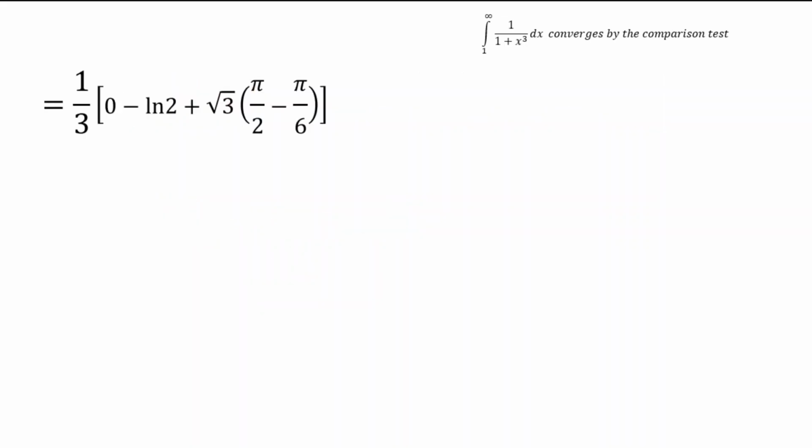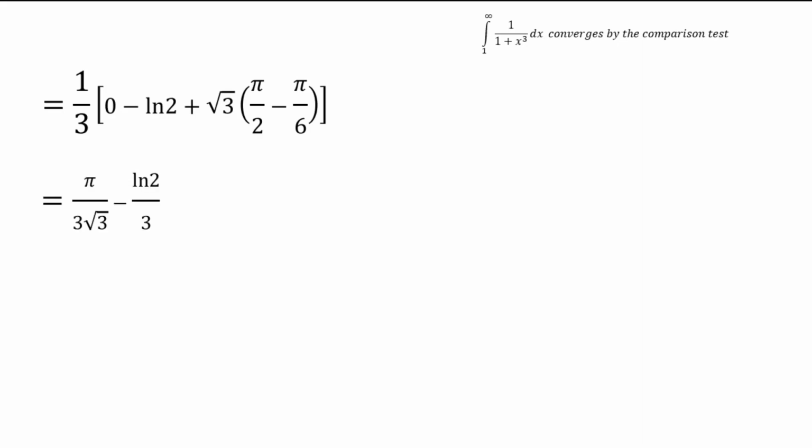So now when I compute my limit, I'm going to get 1/3 of 0 minus the natural log of 2 plus the square root of 3 times pi over 2 minus pi over 6. The limit as t approaches infinity of arctan of t is going to be pi over 2. So arctan is an increasing function, but it's bounded by pi over 2. It heads towards pi over 2. And then the arctan of 1 over root 3 is pi over 6.